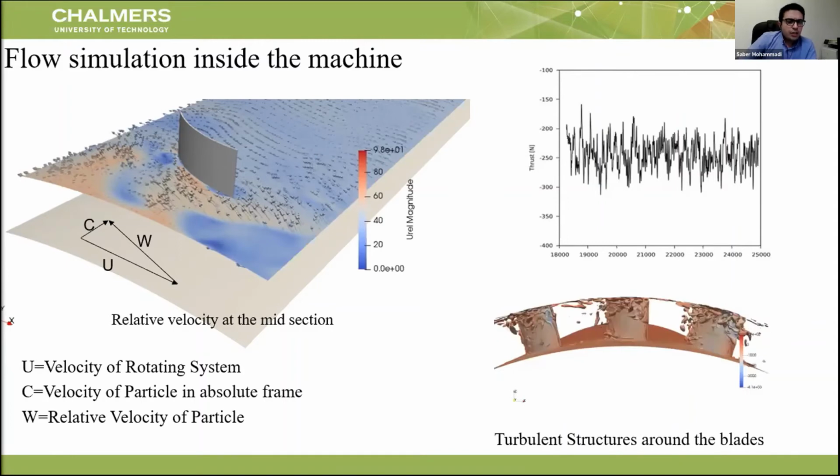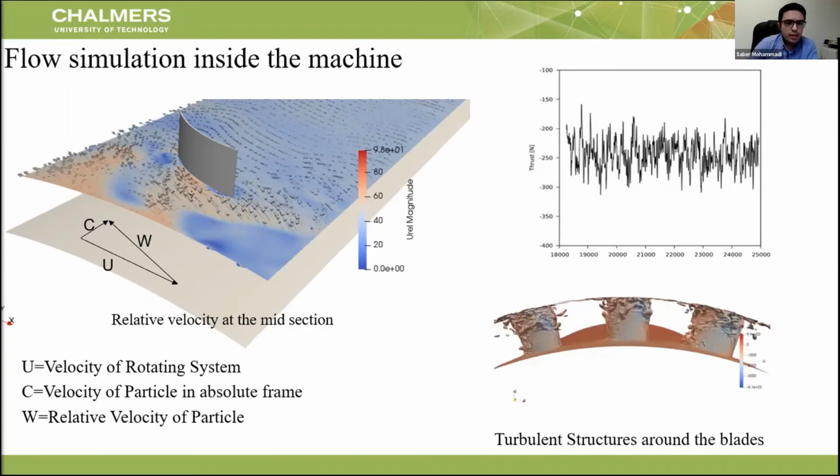At the left picture, you see a midsection of the blade in our computational domain. You see here relative flow arrows. These arrows and this plane are colored by relative velocity itself.